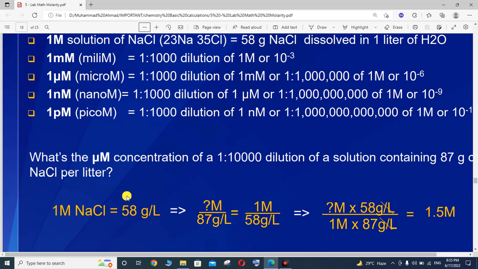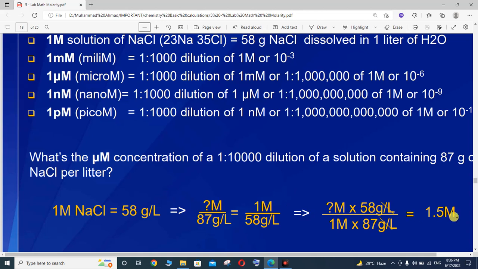How will you find the molarity? This is a very simple calculation. 1 mole of NaCl is equal to 58 gram per liter. Then we do the cross multiplication.